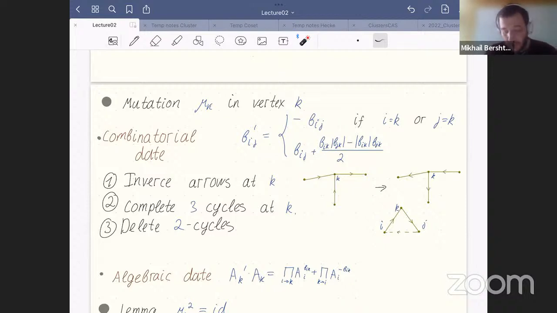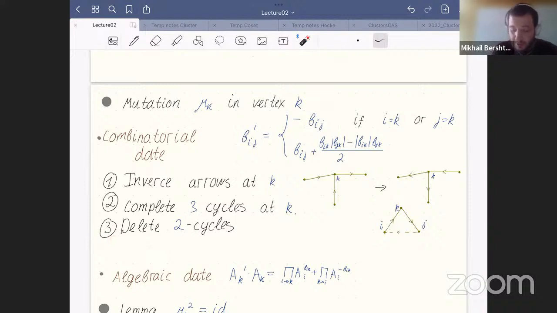Step 2, we complete the triangles, the 3-cycles, through the vertex k. So if after this reversion we have an arrow from i to k and an arrow from k to j, then we add one more arrow from j to i. And the last step is to delete 2-cycles.